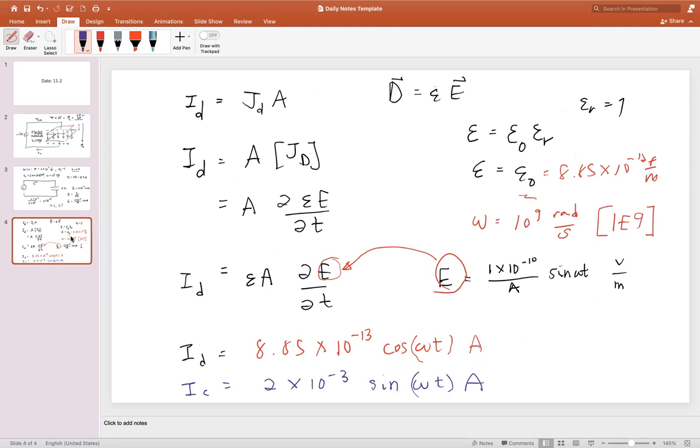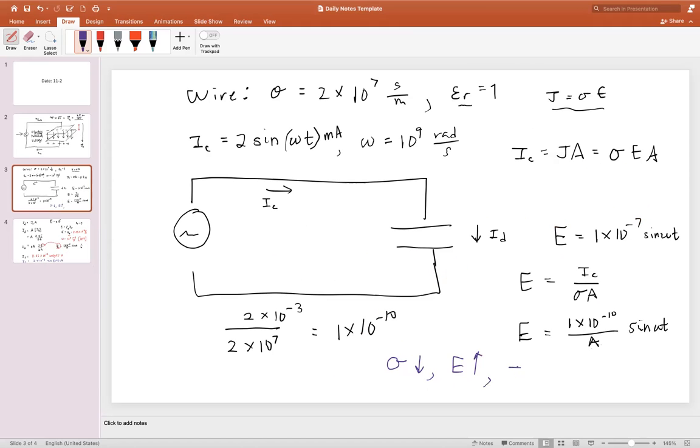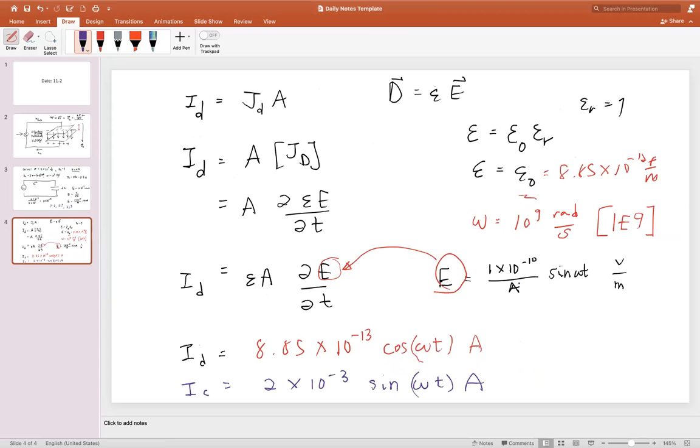Does that make sense? So if we make this number bigger, if we make the amplitude here go bigger, then it'll make the displacement current go bigger. What about if we increase the relative permittivity of the wire? Gets bigger too. Yeah, that would make it bigger.